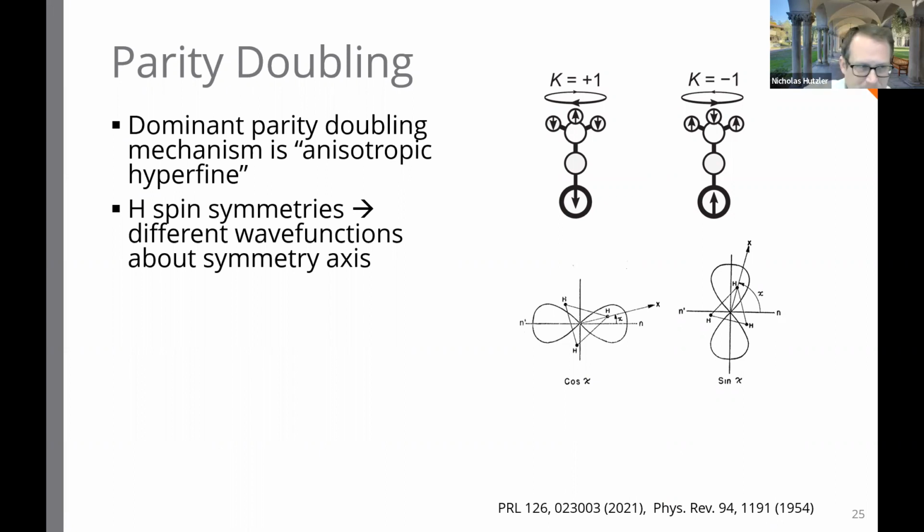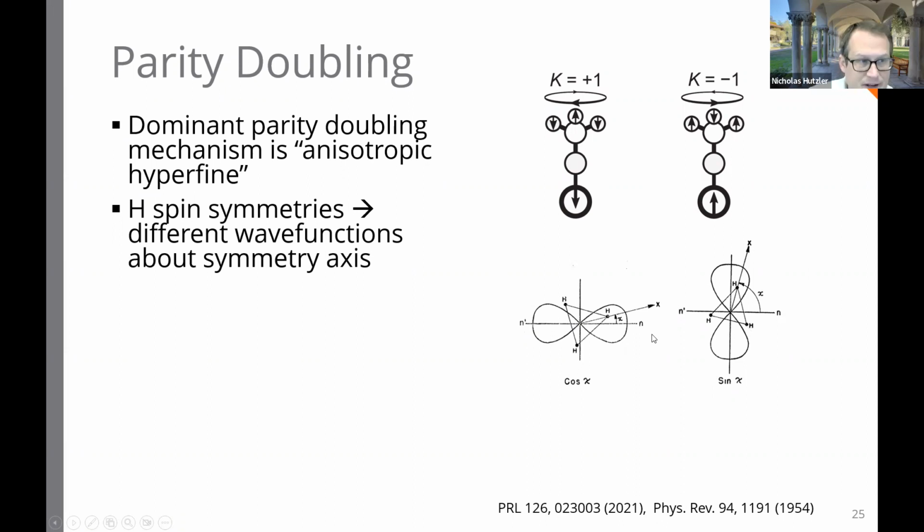And in principle, things like that are at work here, although it turns out that the dominant mechanism is something called anisotropic hyperfine, which is kind of neat. It was first understood in like the 50s. So this is a figure from a very old paper, this bottom one.